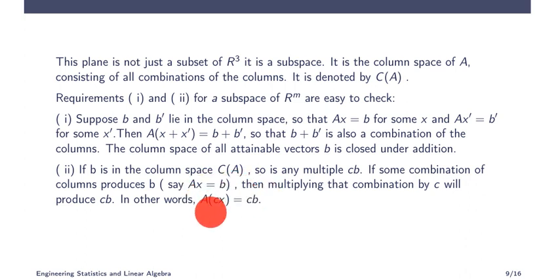Now what does it mean? cb is an element such that it is a linear transformation of A, means it is an element of the column space of A. So a scalar multiple of b is also in the column space, and the sum is also in the column space, meaning it is actually a vector subspace. So the linear combinations of the columns of any matrix form a subspace. Remember this one.